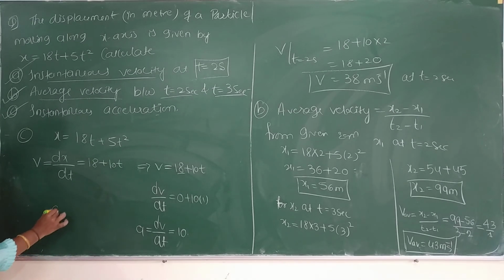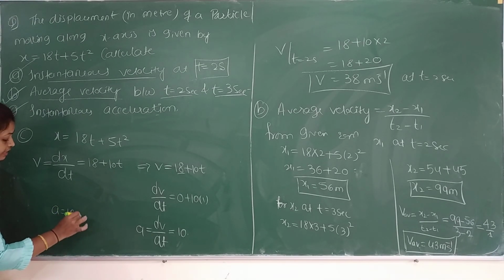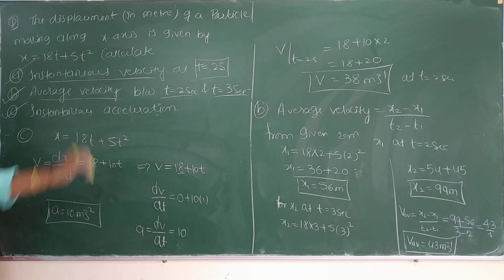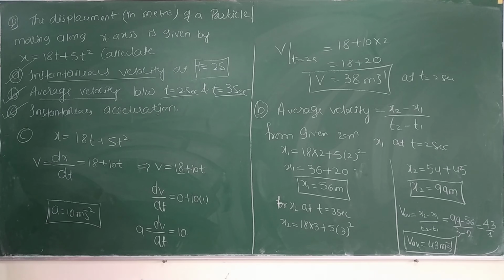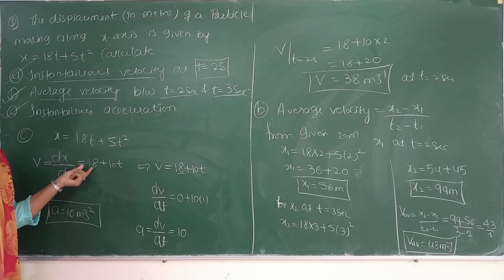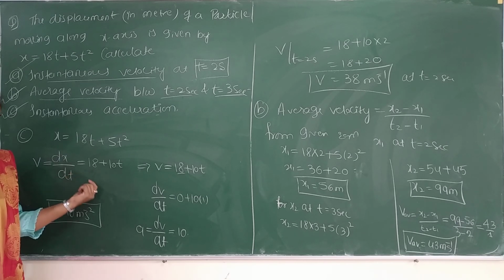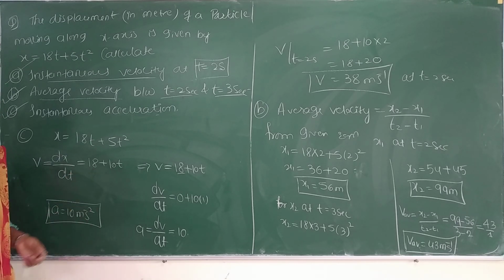You can write here a equals 10 meter per second square. Instantaneous acceleration. Or if you differentiate twice, the second derivative, again 18 is 0, 10 into t is 10 only. So 10 is the instantaneous acceleration. Is it clear to all?